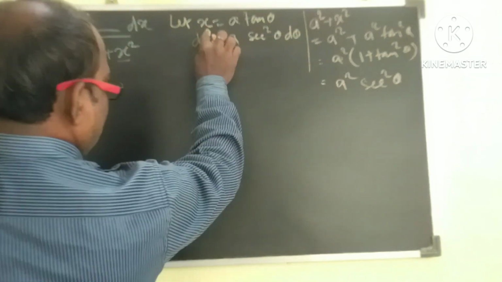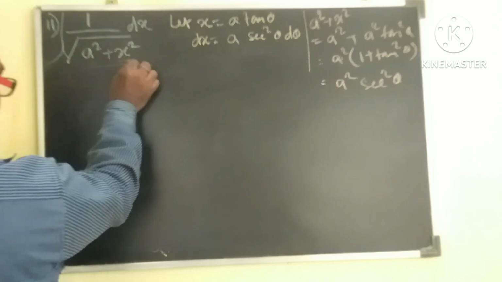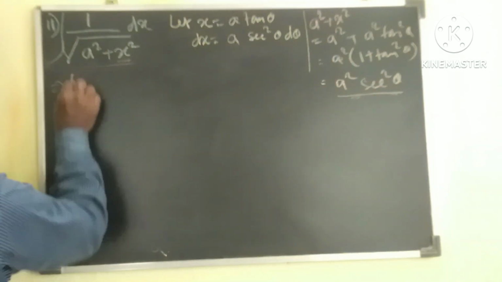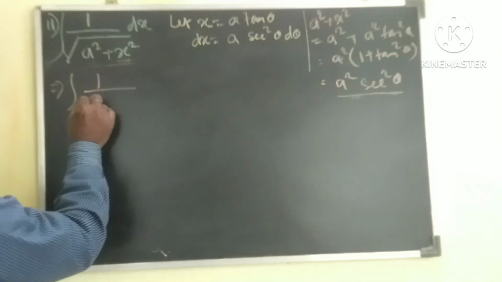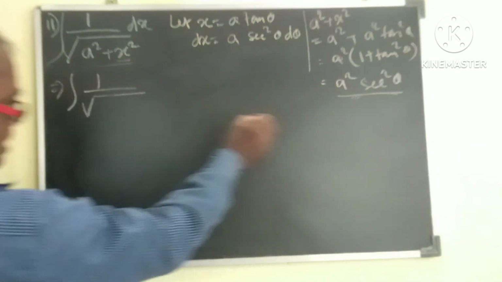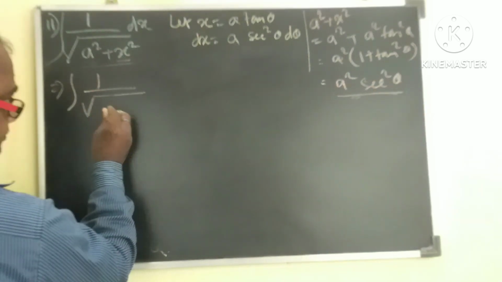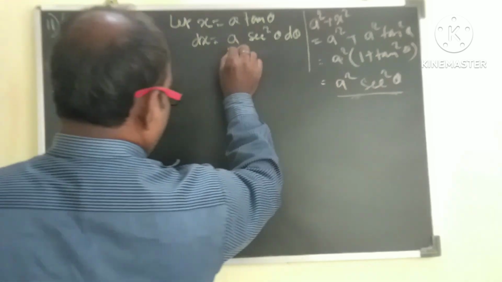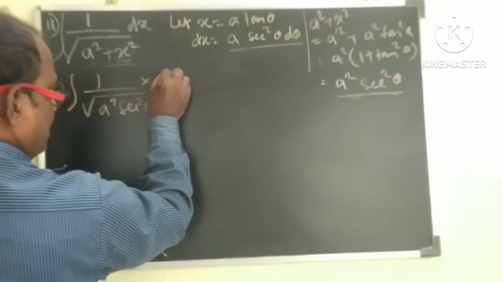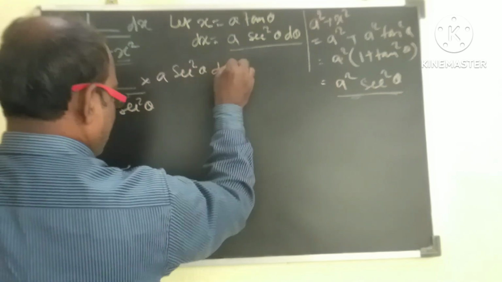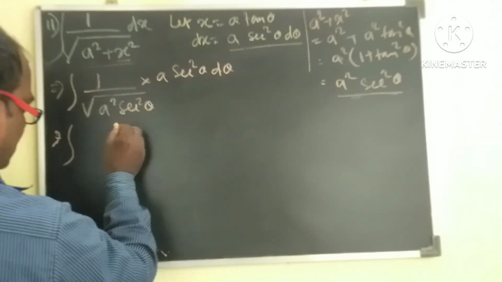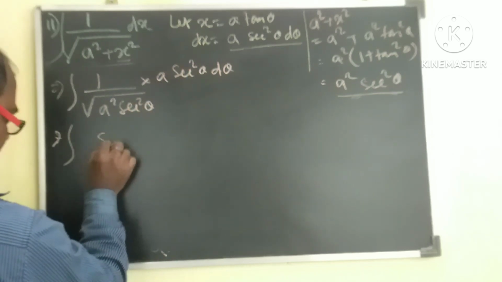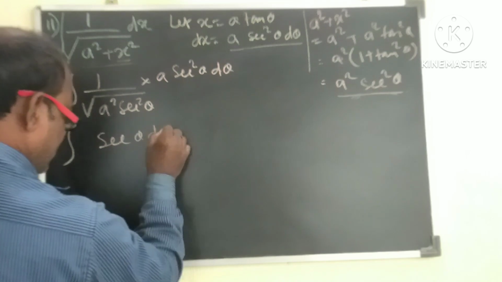So a square plus x square can be written as a square secant square theta, and dx as a secant square theta d theta. The a secant theta and a secant square theta cancel, so we get only secant theta d theta.